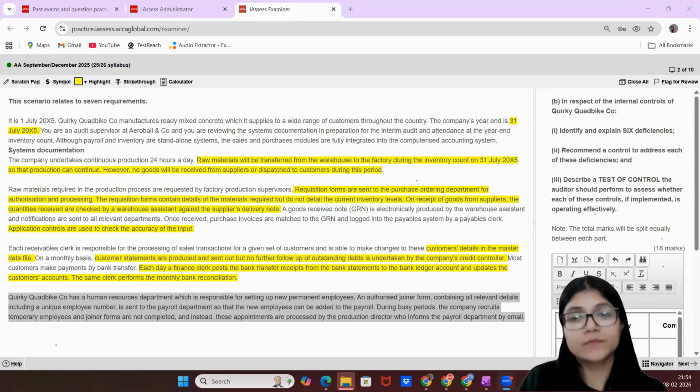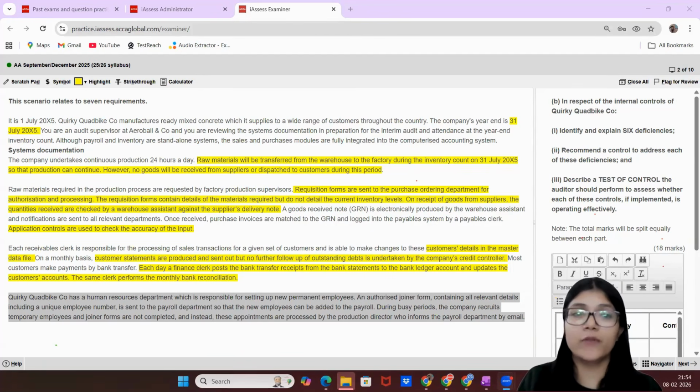And also, the director can manipulate the figures for his friends. Correct. Yes. So that is the reason that the production director should not be in place to do this job. It should be done by the HR department only.